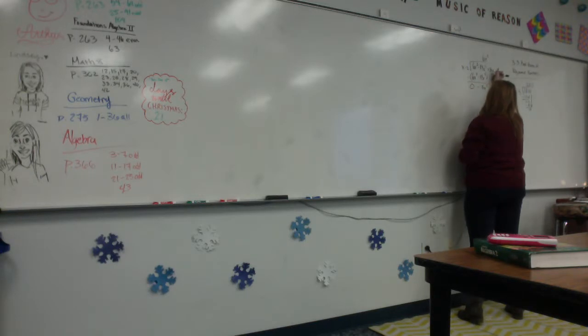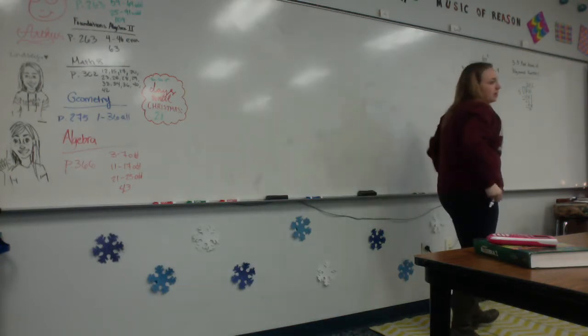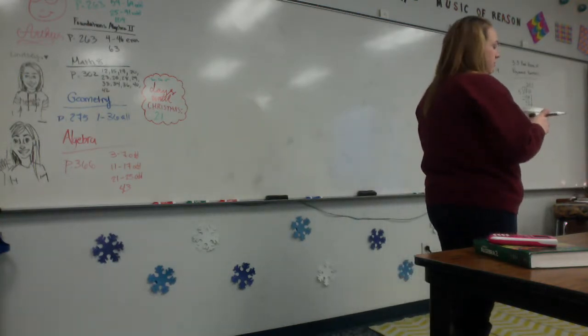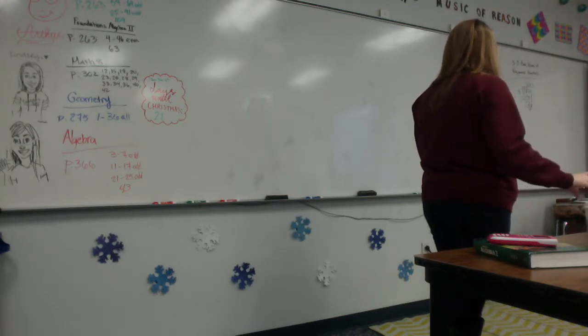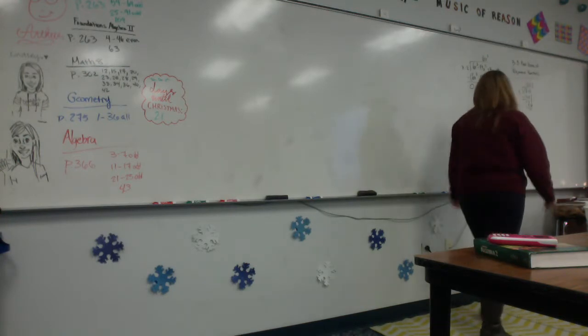Then you have to bring this down, and you ask, what do you multiply x by to get negative 7x squared? Negative 7x.